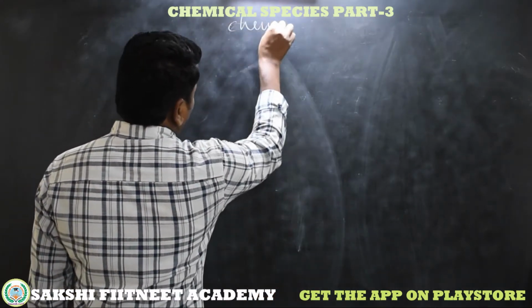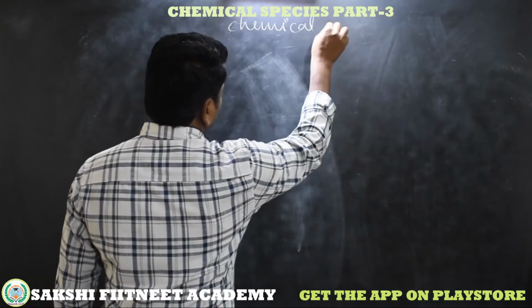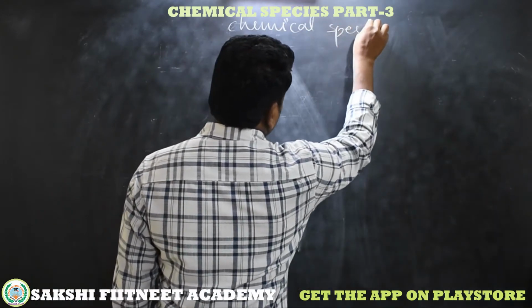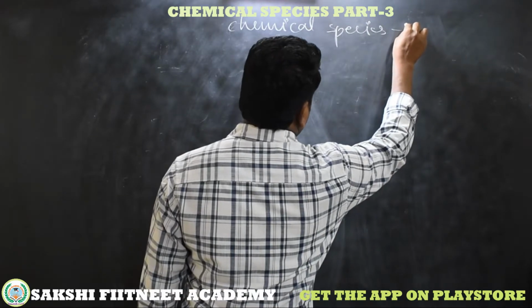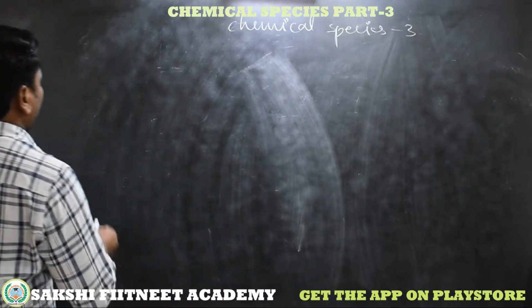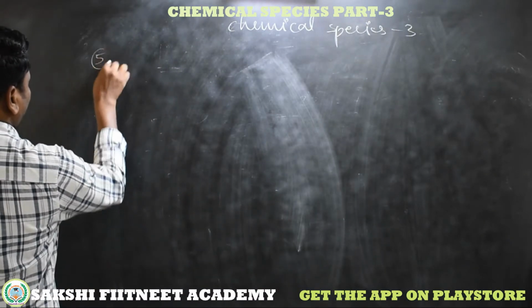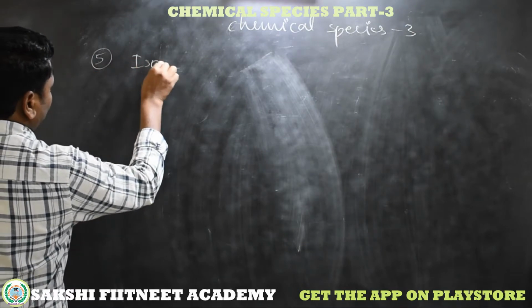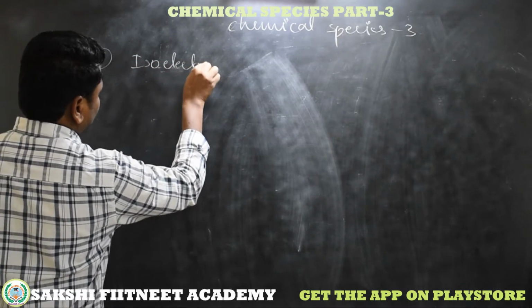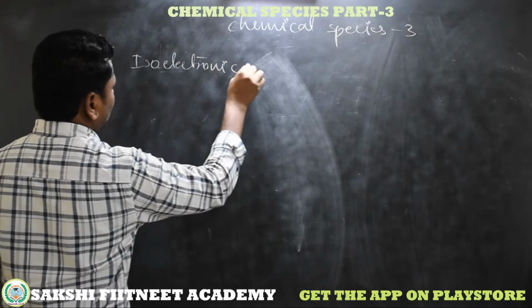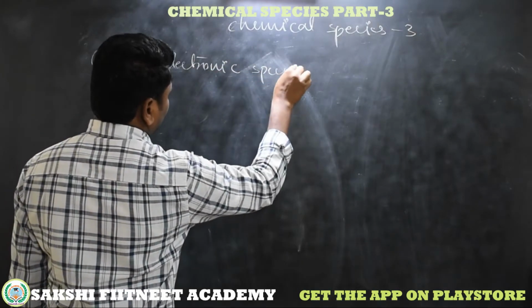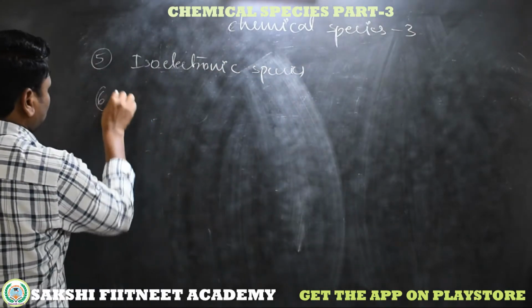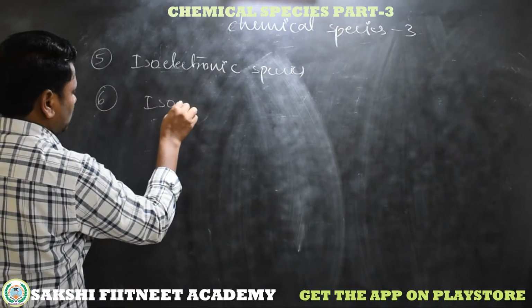Chemical species, part 3. Now in this video lecture we are going to discuss the fifth one, isoelectronic species, and the sixth one, isosters.